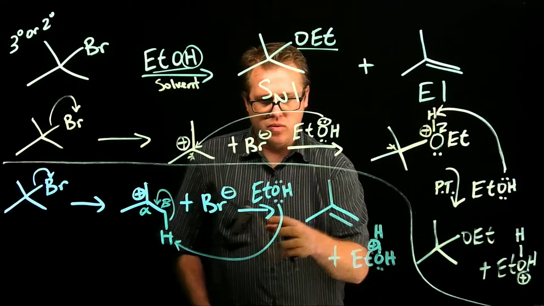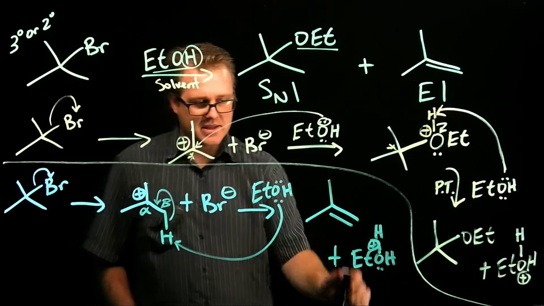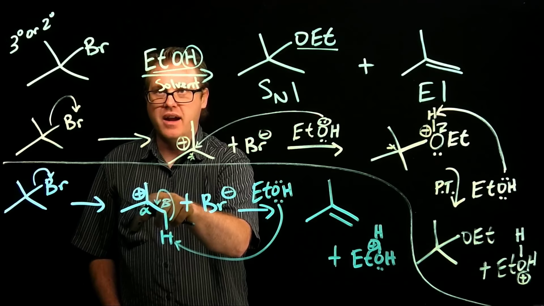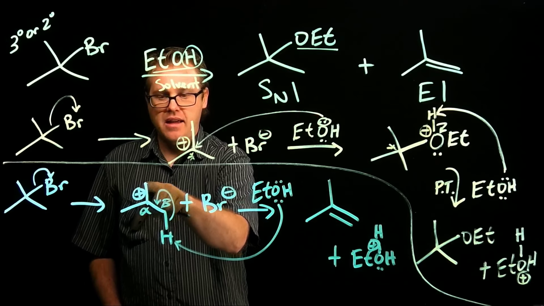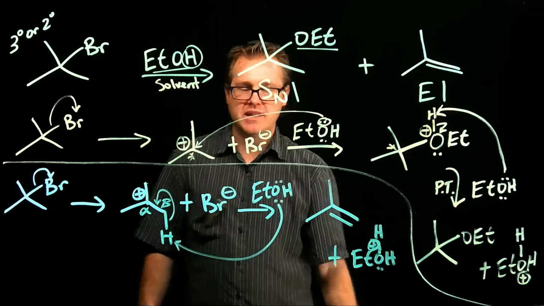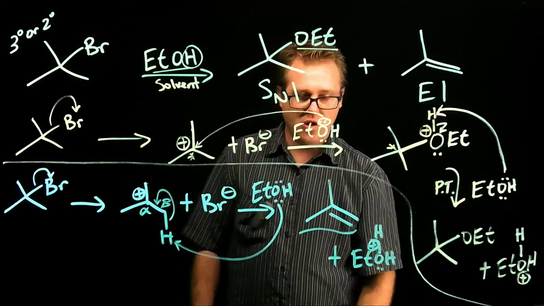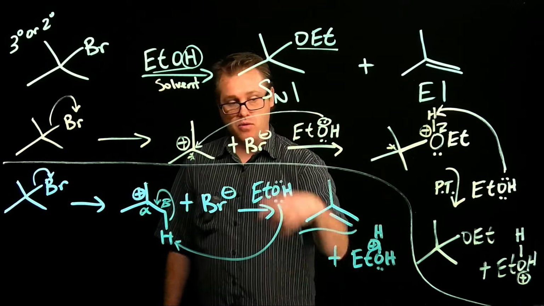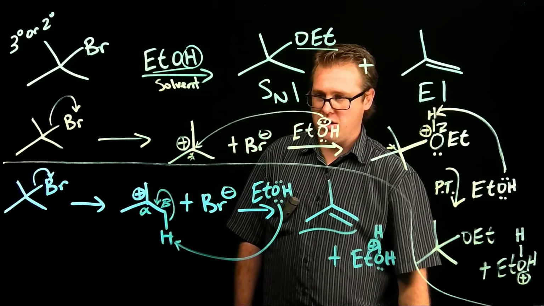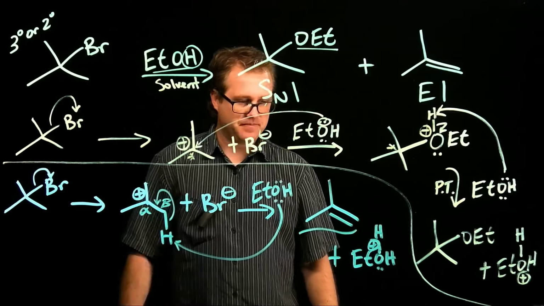Now, what's one driving force for this process to happen? Well, look, we have a carbocation. That's not very stable. It wants to react to get to a more stable form. And the more stable form here is the alkene. For one reason, it's neutral. There's no formal charge of +1.